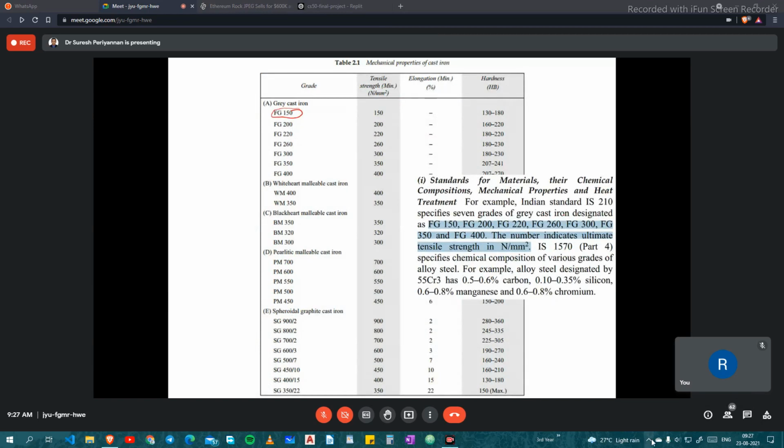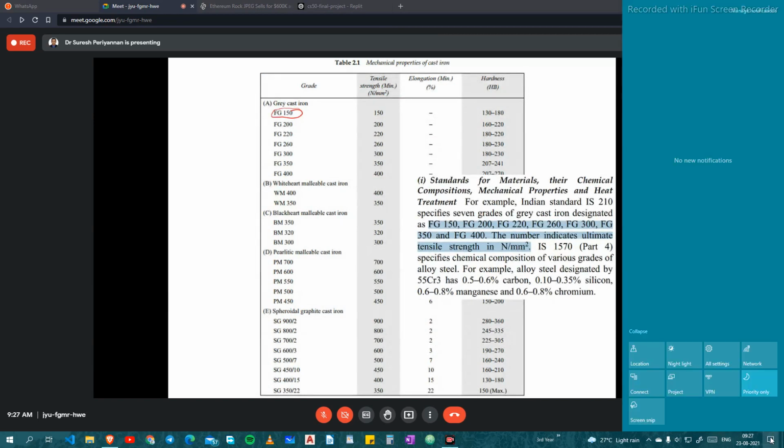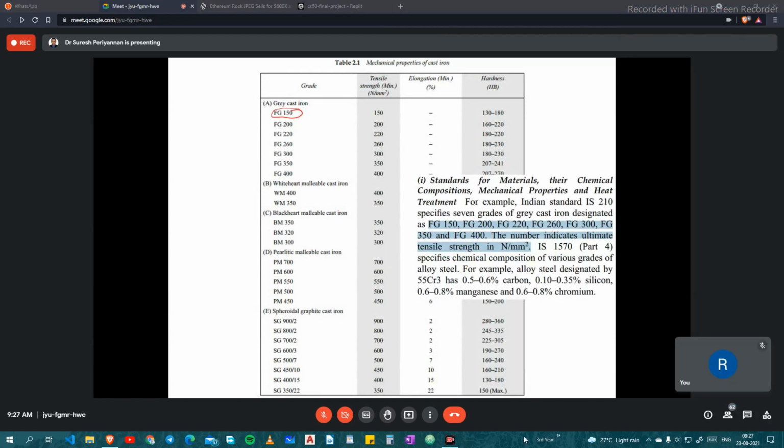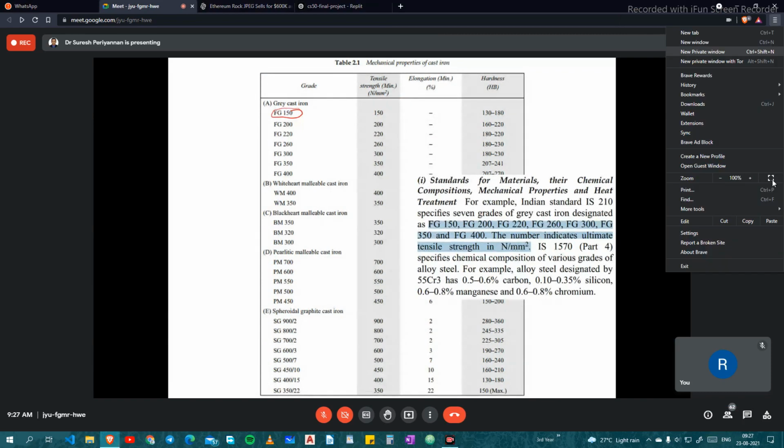For example, the Indian standard IS 210 document specifies 7 grades of gray cast iron, designated as FG 150, FG 200, FG 220, FG 260. Based on the IS 210 document, FG 150 means 150 Newton per mm square tensile strength.